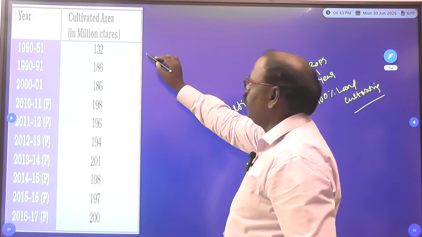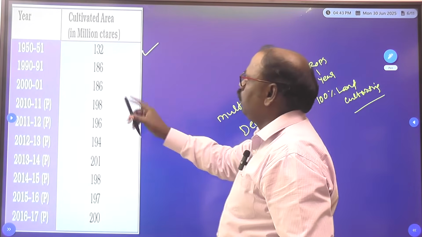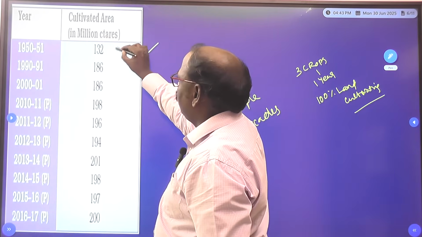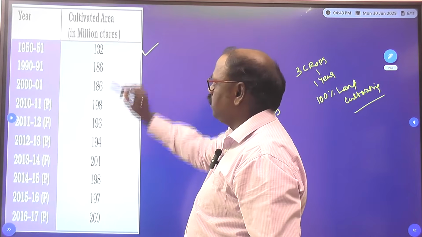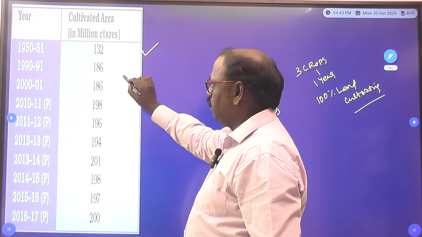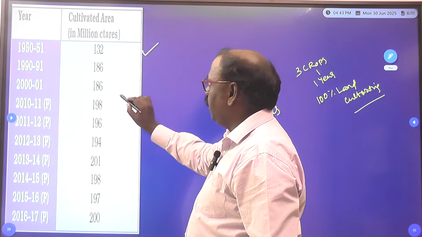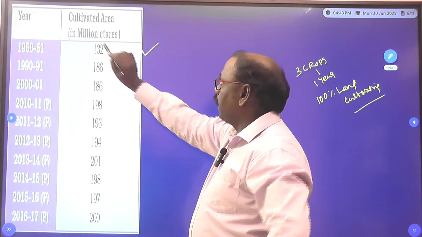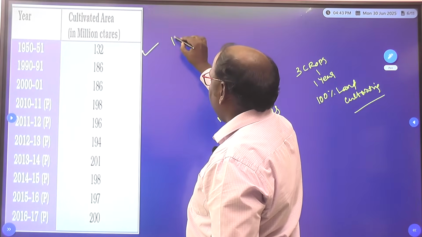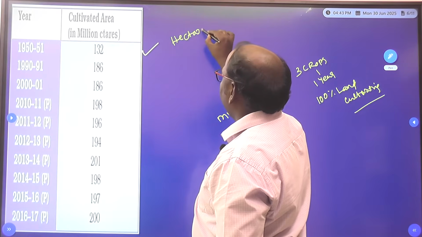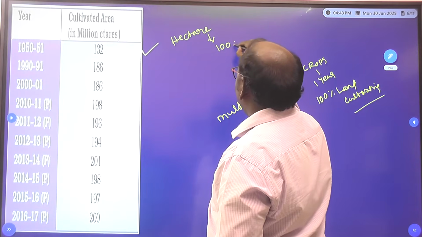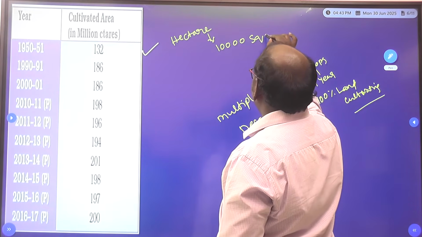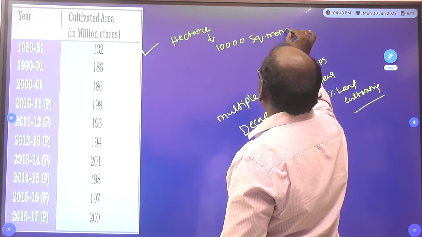If you check 1950 to 51, 132 million. If you check 1991, 186, 2000, 2001, 186, 2010 to 11, 198 million hectares. Here land is represented in hectares. 1 hectare is nothing but 10,000 square meters.